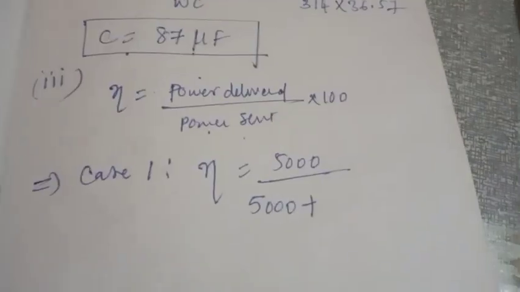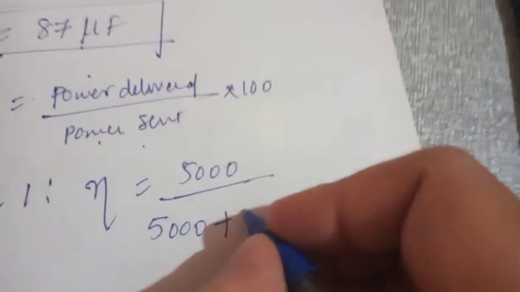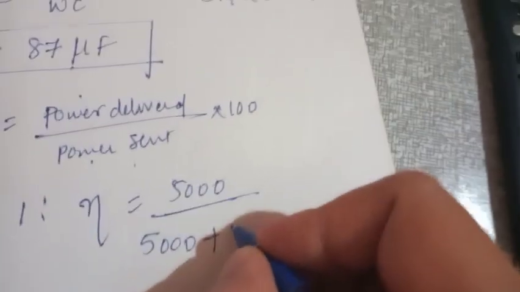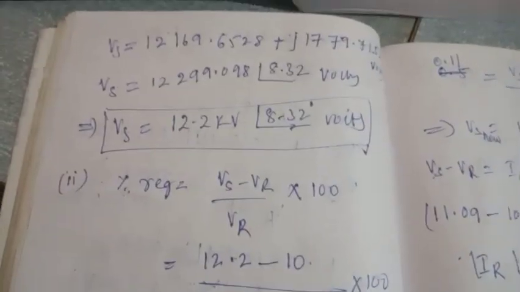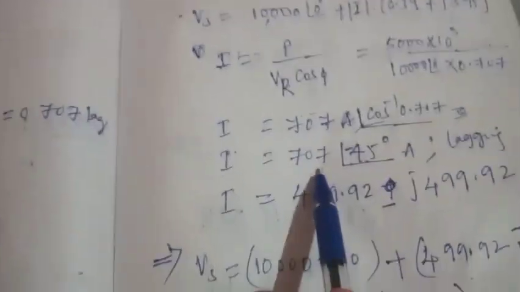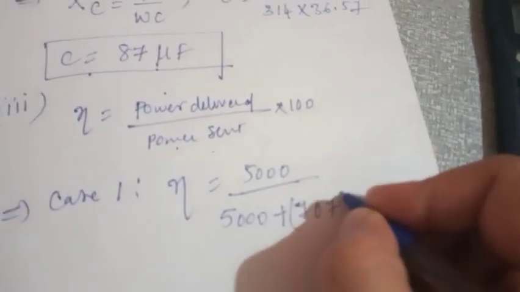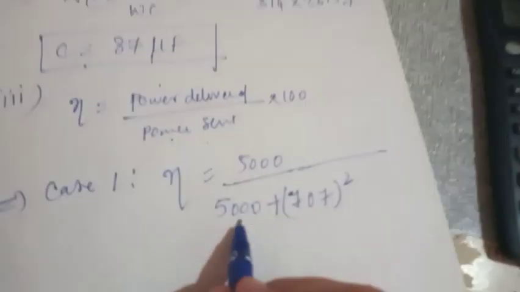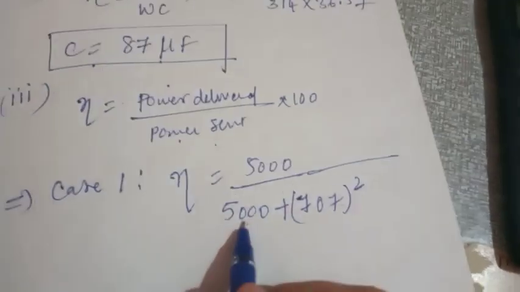5000 kilowatt is the output, plus losses. What was the case 1 current? We have calculated it here, around 707 amps at an angle minus 45 degrees. So it is I squared R: output divided by output plus losses.